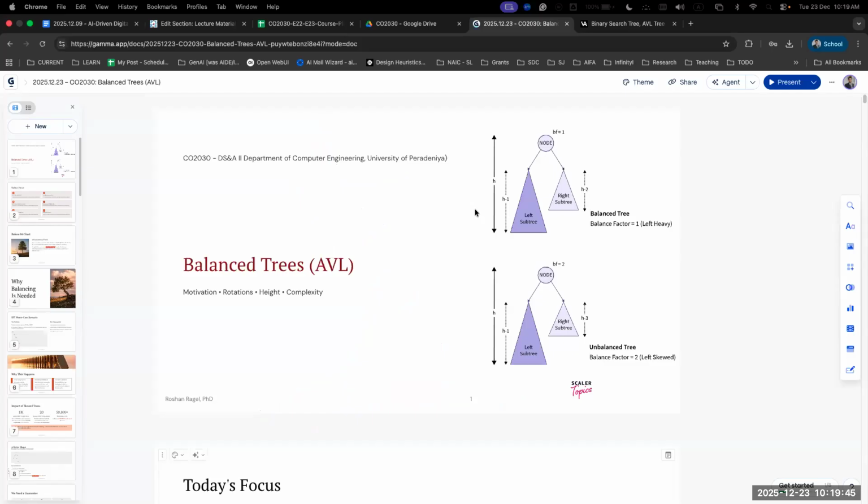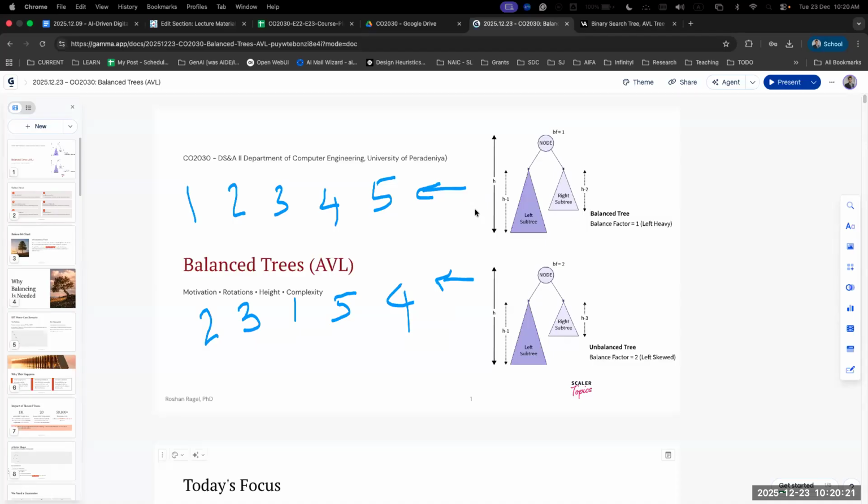For example, if I make a tree using numbers 1, 2, 3, 4, 5, and another using 2, 3, 1, 5, 4, these are going to be two different binary search trees, although they both have the same elements. So the binary search tree is unpredictable, in the sense that it depends on the order in which we put the items.